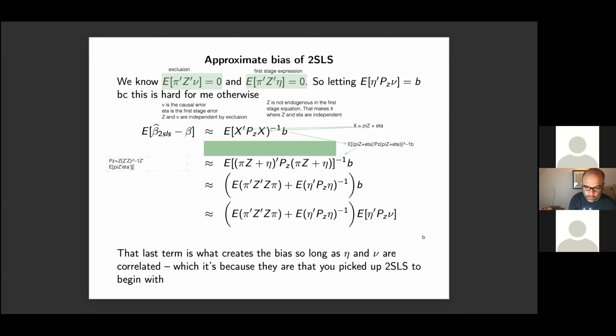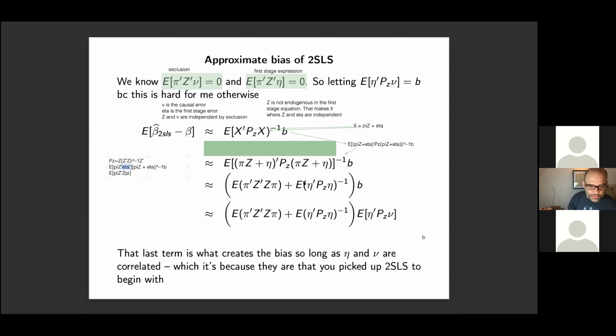Times pi Z plus eta, B. Okay, now we're going to distribute that pi Z, expectation pi Z prime Z pi. We're going to get that. So this here and this become this, and we're going to take this eta and distribute it over here.